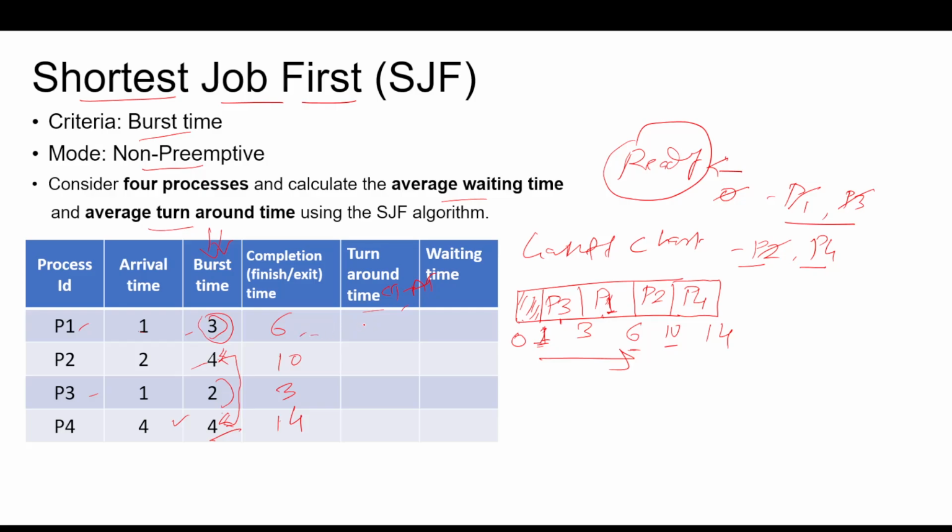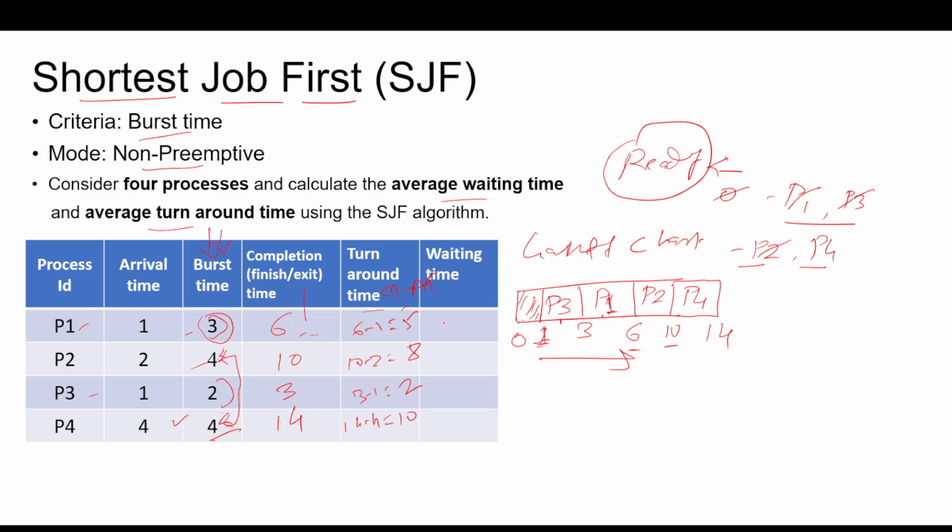For P1, what is the CT? 6 minus 1, that is 5. For P2, 10 minus 2, that is 8. Then for P3, 3 minus 1, that is 2, and for P4, 14 minus 4, that is 10. So completion timing minus arrival timing is nothing but the turnaround timing.